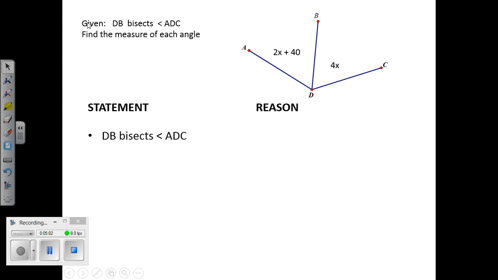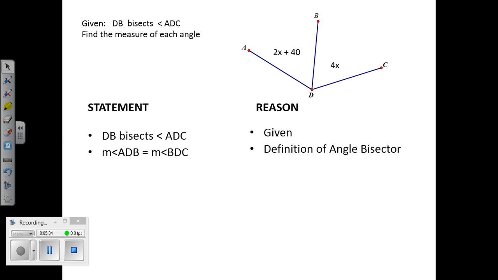So that's exactly what you're going to say, it was given to you. But what do you know is true because of that? Since BD is bisecting it, it's creating two equal angles. What are the two equal angles? ADB and BDC. So they are equal. How do we know that? Because that's the definition of a bisected angle. A bisected angle is forming two equal angles. So we will write the definition of the angle bisector.